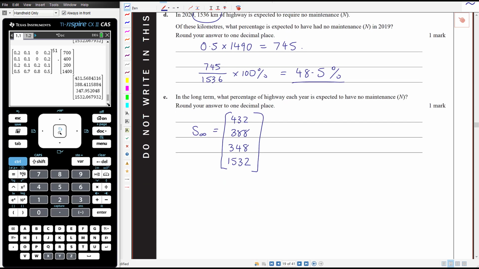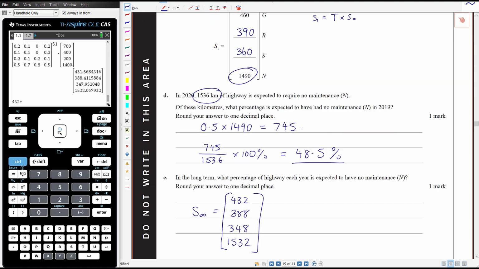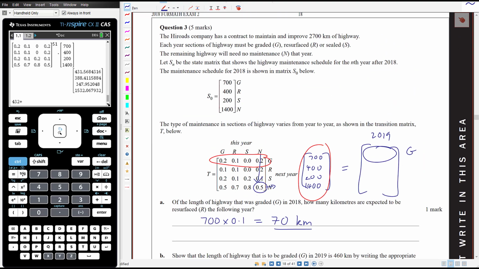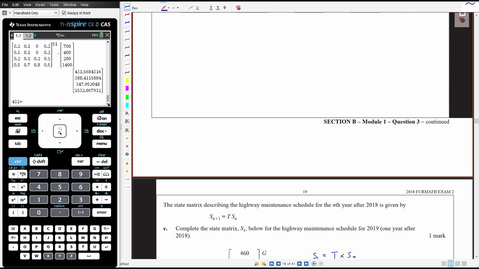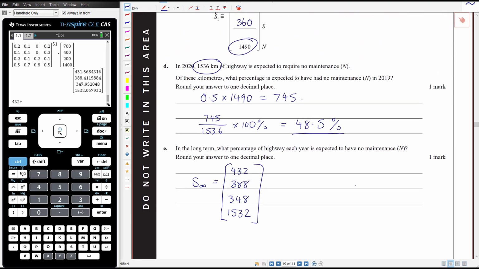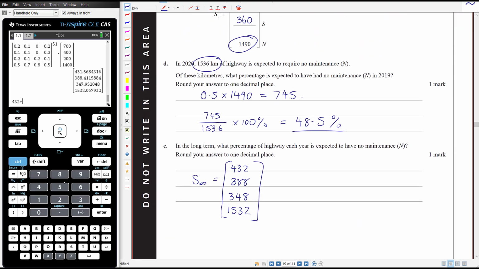Let's just check the sum of that. It should still be the original, I think it was 2,700. The highway hasn't grown, so it should still be the same number of kilometres in the long run. So 432 plus 388, plus 348, plus 1532. Good.